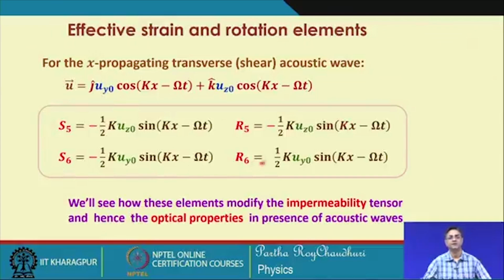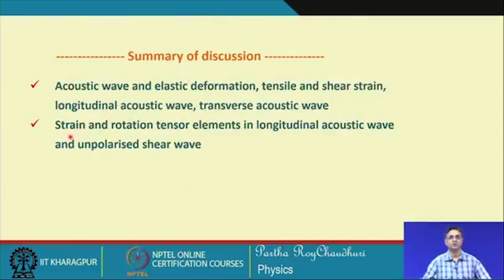Then we will consider the propagation of a shear acoustic wave in a medium with y polarization and z polarization when it is propagating along the x direction, and so on. And then we will see how these refractive indices are changing periodically. The change is also travelling in the medium with the speed of the acoustic wave.